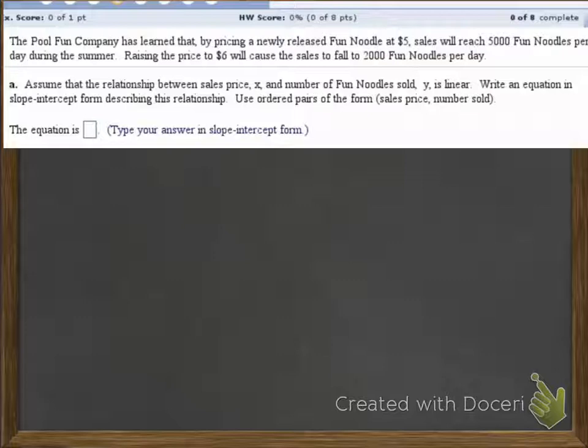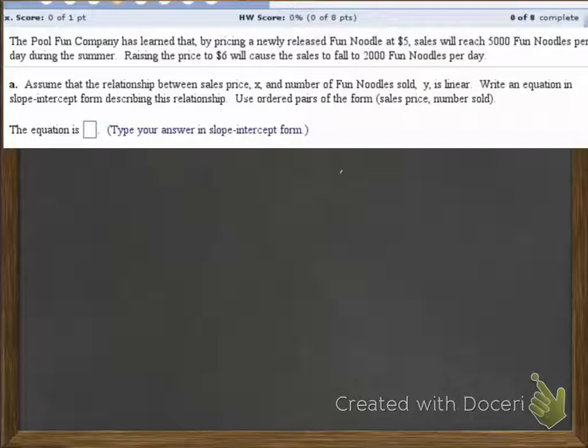When we read the directions, it says sell price X, and number of fun noodles sold Y. And we're going to assume that relationship is linear.